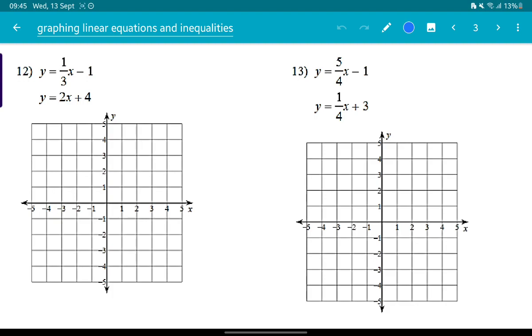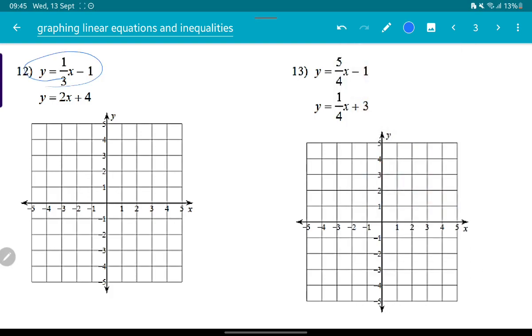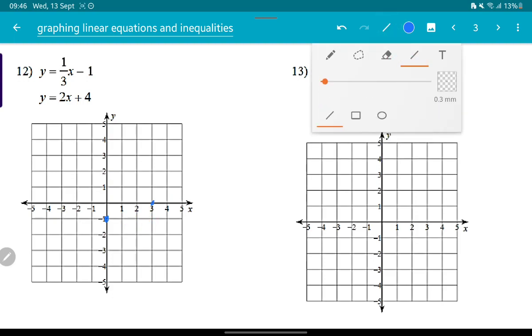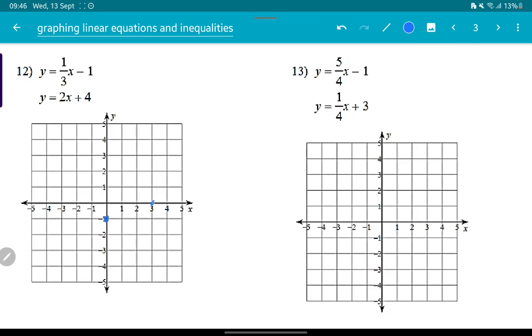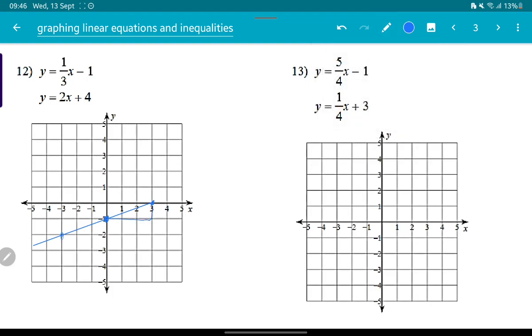Now we should do the same as we did in the second type or the third type of questions. How to graph this, starting from negative 1. Then with each 3 units on the x, we have 1 unit on the y. So 1, 2, 3, go up 1. This will give you this line. You can notice that going right up, it's the same as left down.